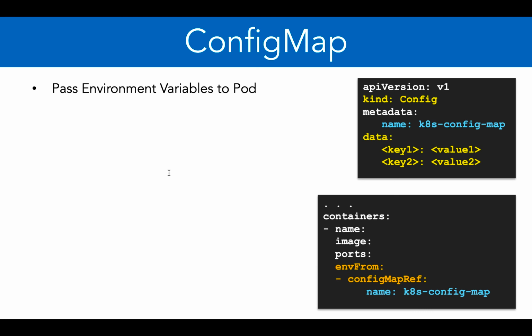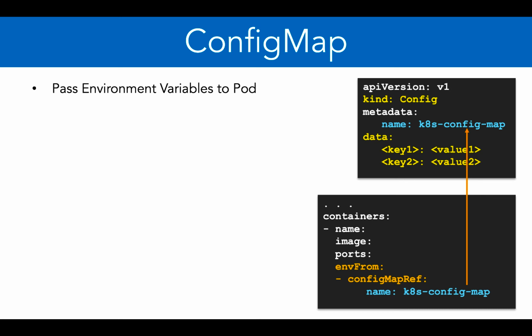So we do not use env anymore, we use envFrom, and we mention a configMapRef wherein the name of the config map is similar to the name of the config object. So now if you have to change, the only thing that I have to do is create a new config map, go to the deployment of the pod and change the name of the config map. That's it. So it reduces the burden a lot.